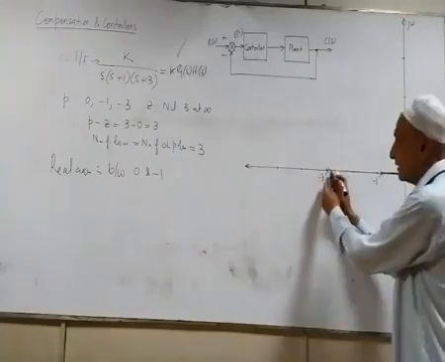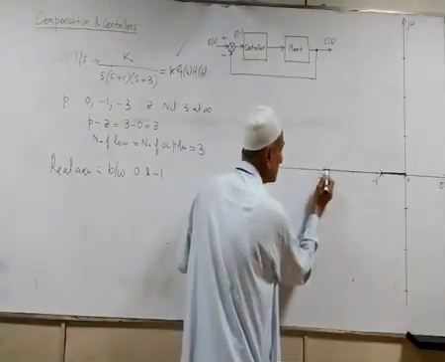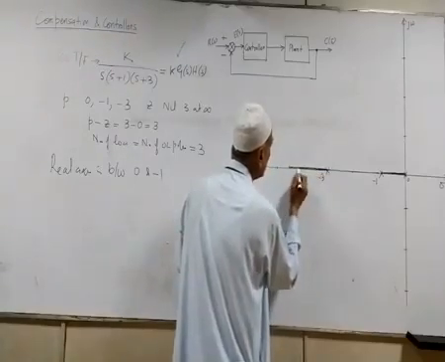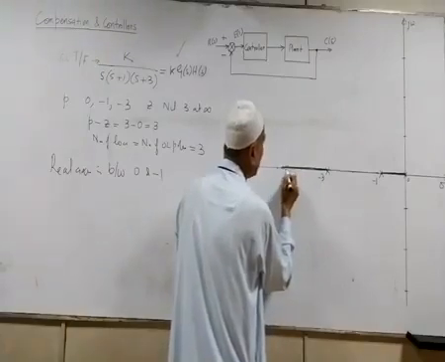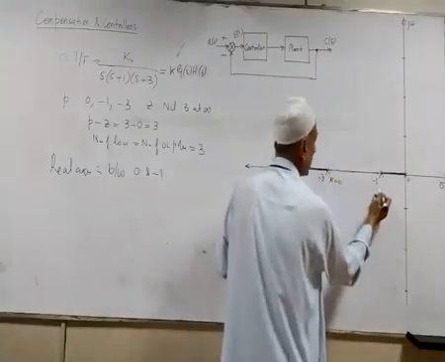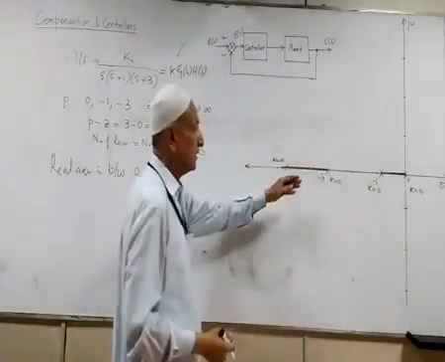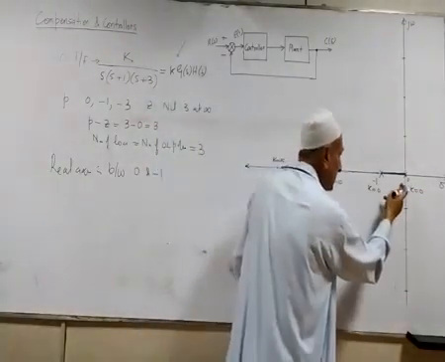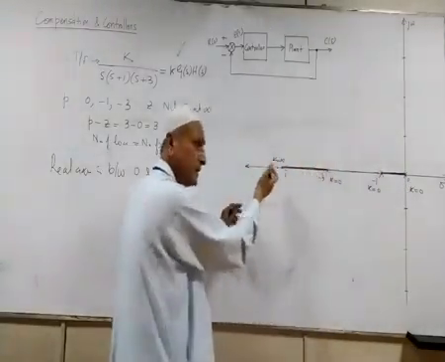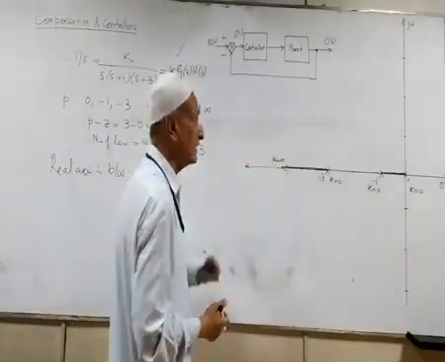And then we have a real axis loci lying between this open loop pole and an open loop 0 which is lying at infinity. So we have a real axis loci between 0 and minus 1, and then a real axis loci between minus 3 and tending towards minus infinity in search of the 0 lying at infinity.